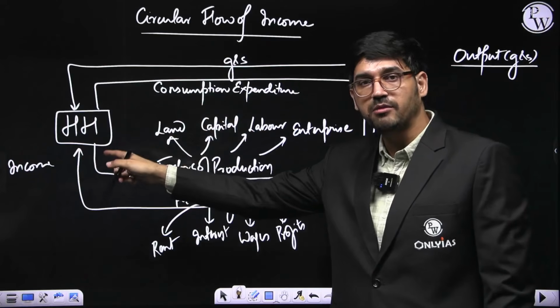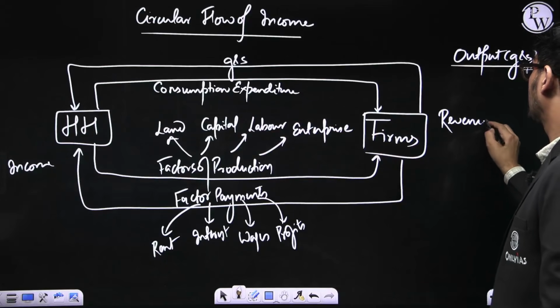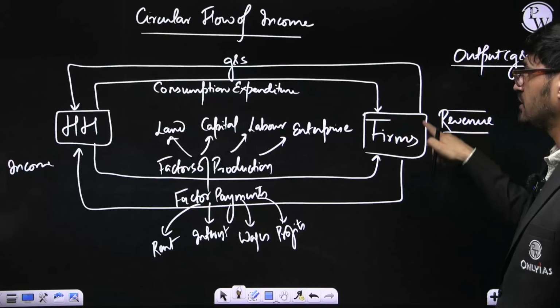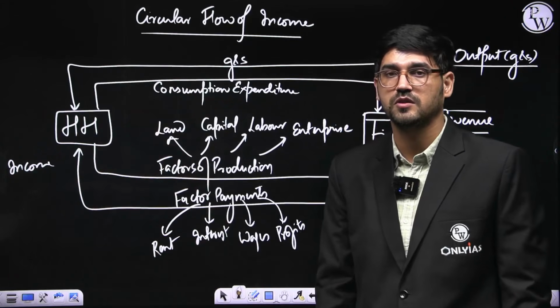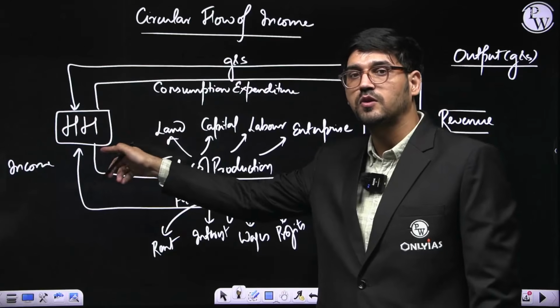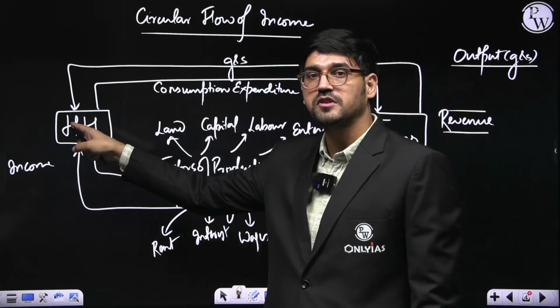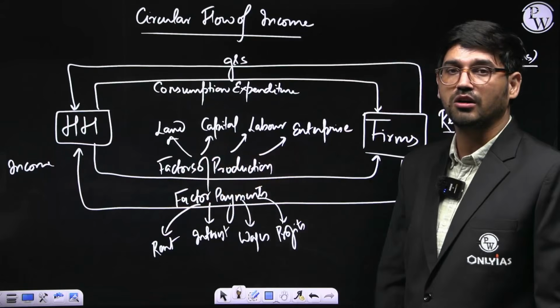The expenditure made by households comes together as revenue to these firms, and from this revenue the firms pay out factor payments which become the income of the households. The expenditure of households becomes the income of the firms. The expenditure of the firms becomes the income of the households. Now, this is a two-sector economy.